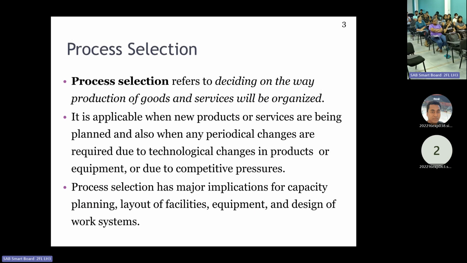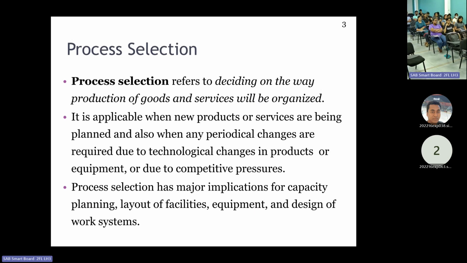In that, there are a lot of decisions that managers should make about their process. One already we identified, that is called process design, or what we call process engineering.